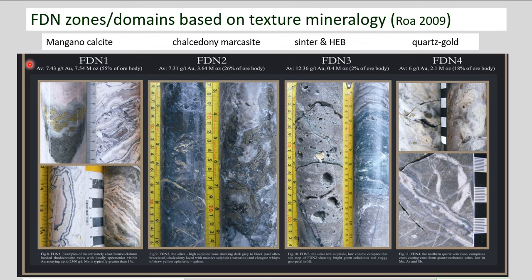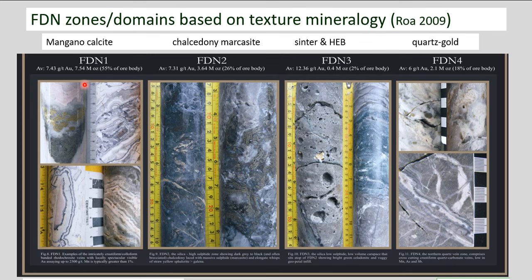These are the domains as originally described and what they're called now, or partly what I called them. The most distinctive and characteristic thing at FDN is the beautiful banded manganocalcite veins that have chalcedony and have all the visible gold. You can see in the top left picture that high-grade sample I had in the webinar.